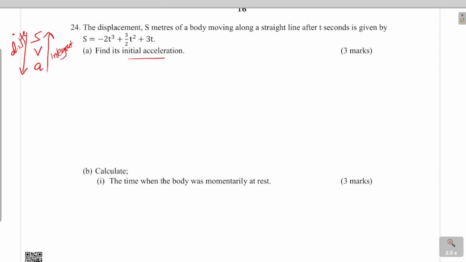So in order to get acceleration, because you have displacement, you need to differentiate the first time to get velocity. Velocity will be ds over dt. When you differentiate displacement with respect to t, this will give negative 6t squared plus 3t plus 3.